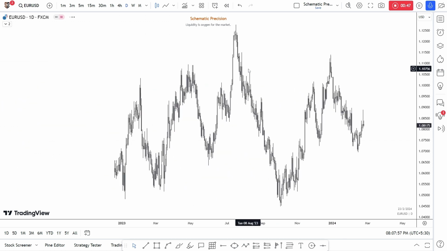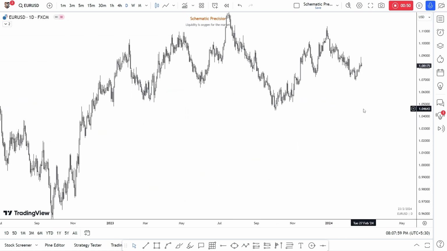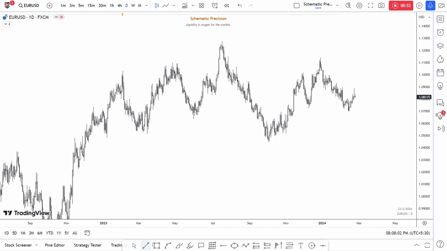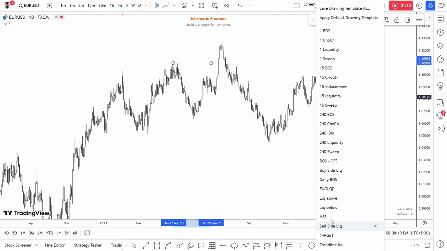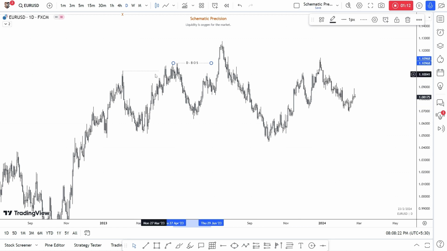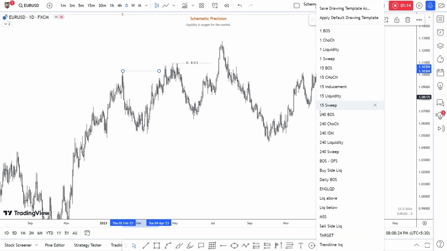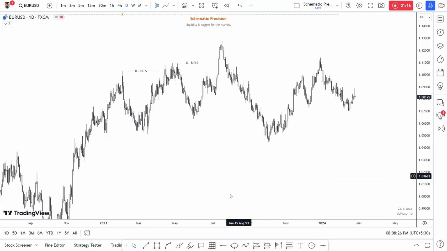So as per the daily, things have changed. As we have seen, price has been bullish on daily. This was one of our break of structures. Another one was here. And after all these daily break of structures, if I mark daily BOS, and this is also our daily BOS, and after that, what has happened?